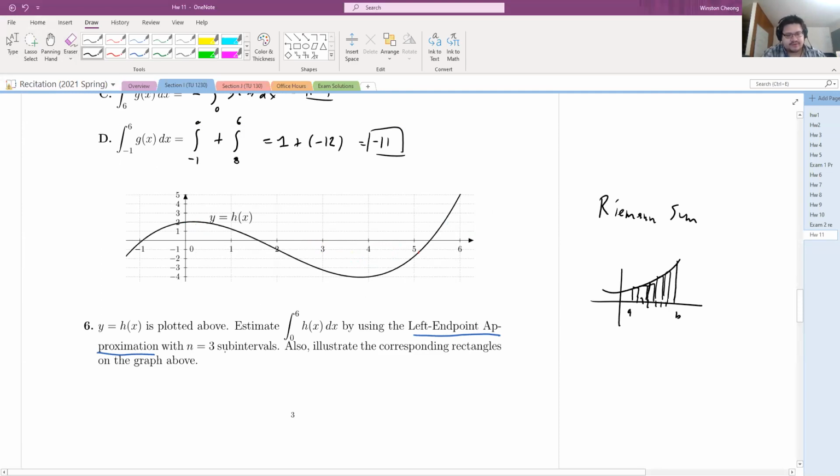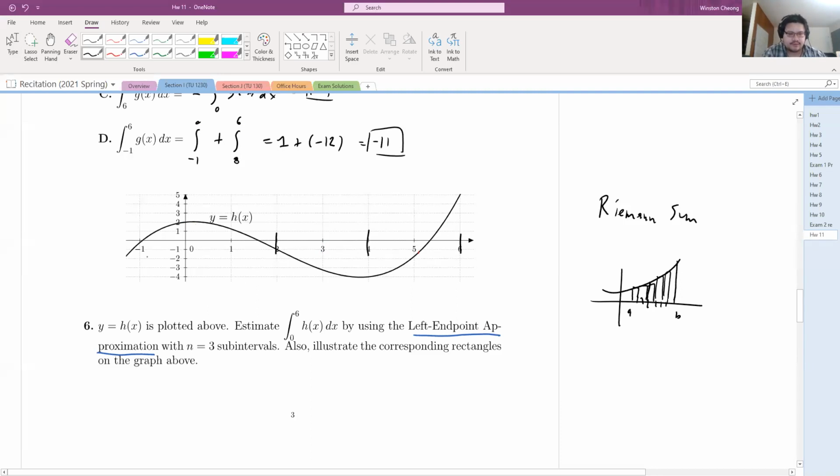It specifies for us we have n equals 3 subintervals. So that means we take the length and subdivide it into 3 equal pieces. Since 0 to 6 is a length of 6, we want to divide it into 3 pieces, so each piece is going to be length 2. And so we have these parts.